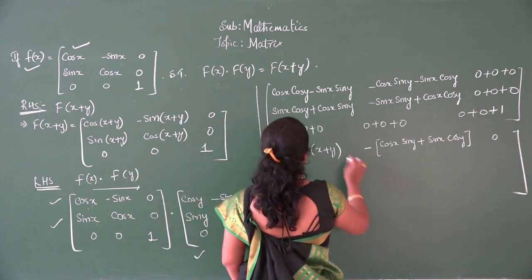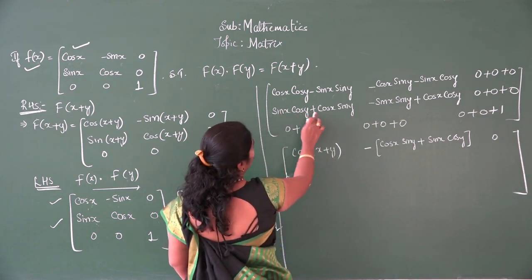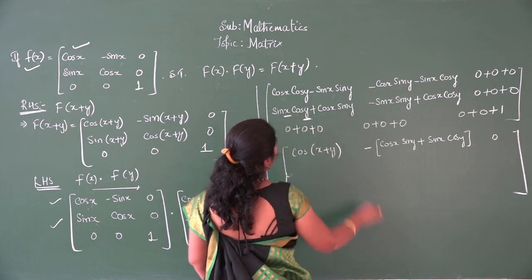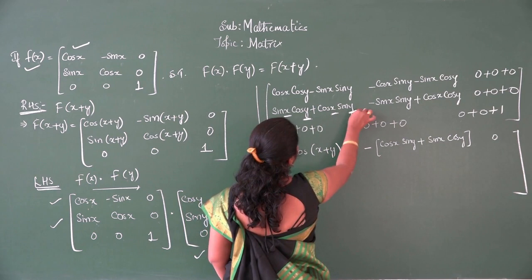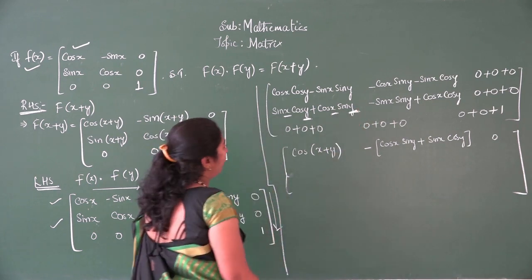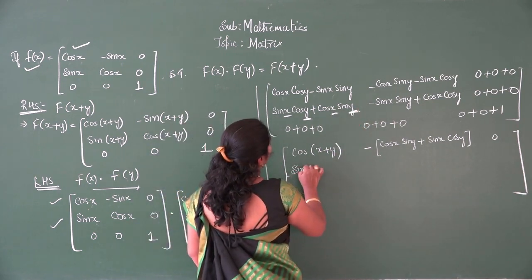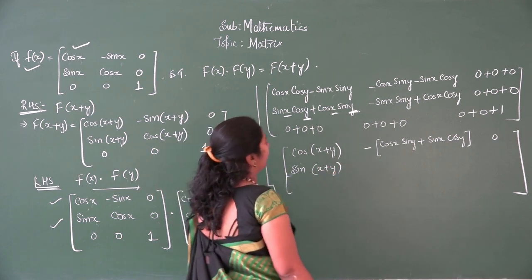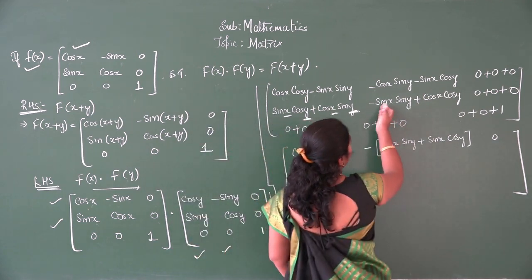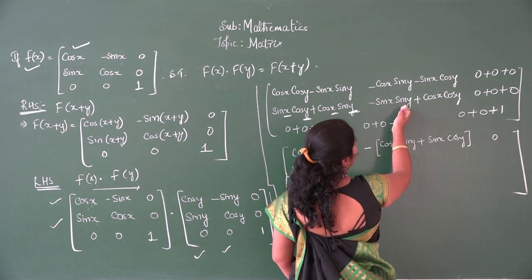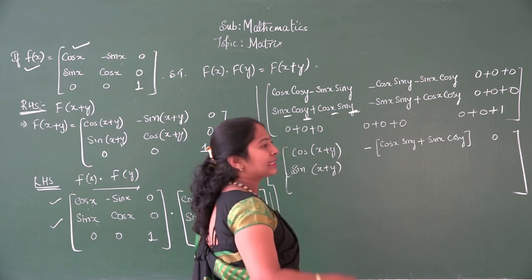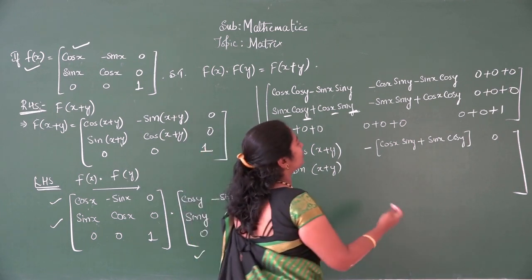Similarly, sin A cos B plus cos A sin B will be sin of A plus B. With regard to this problem, it will be sin of x plus y. Now, minus sin x sin y plus cos x cos y can be written as cos x cos y minus sin x sin y.